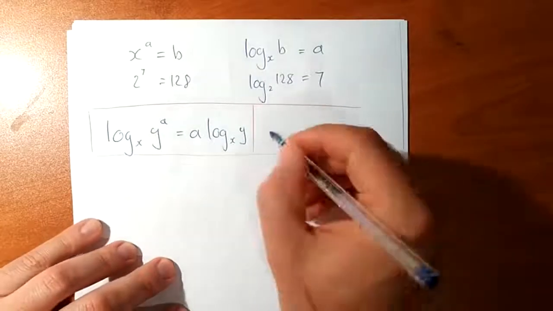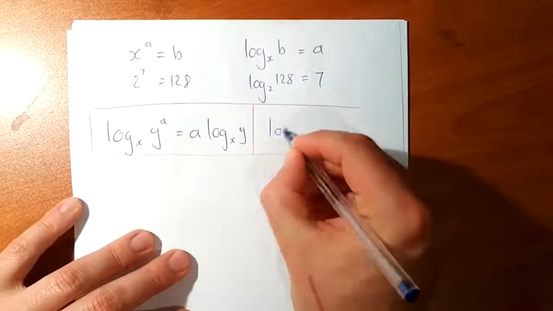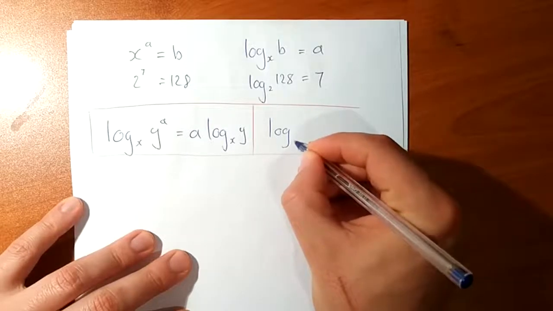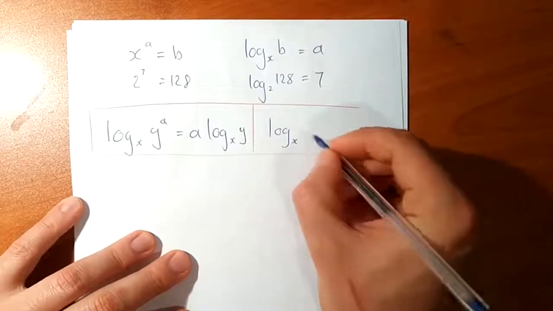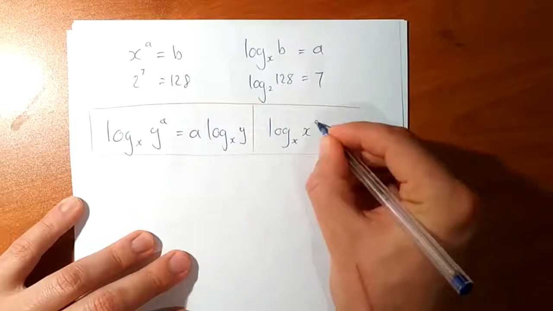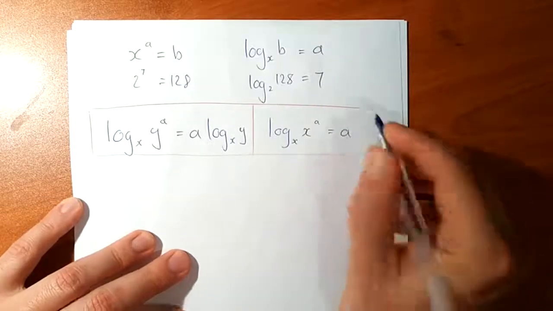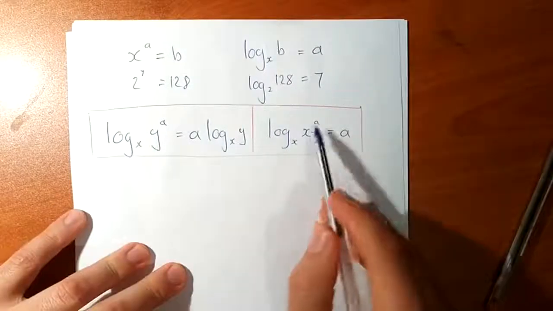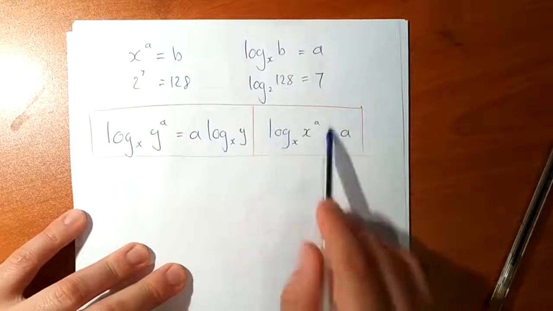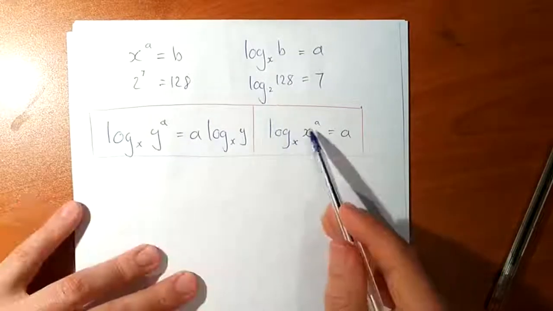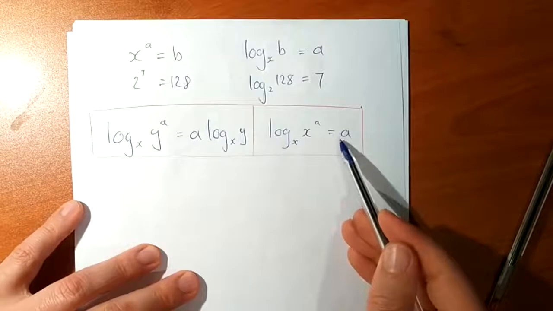And the other very important property, which follows directly from the definition of a logarithm, is, let's say, base x. The power to which x has to be raised to get x to the power a is just trivially a. What is this over here? This is the power to which x has to be raised to get what? To get x to the power a. The answer is trivially a.